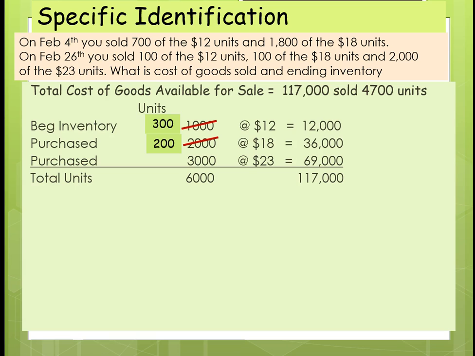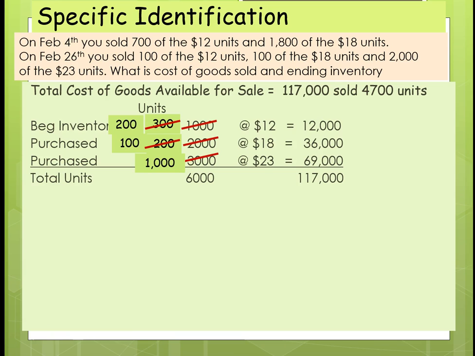Then, on February 26th, we sold 100 of the $12 units and 100 of the $18 units, leaving 200 of the $12 units and 100 of the $18 units, and then we sold 2,000 of the $23 units.